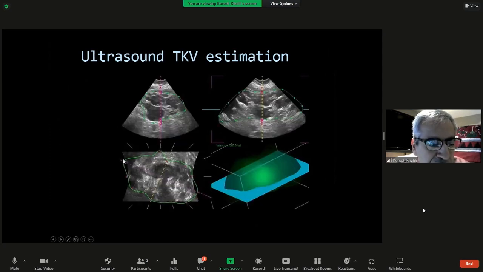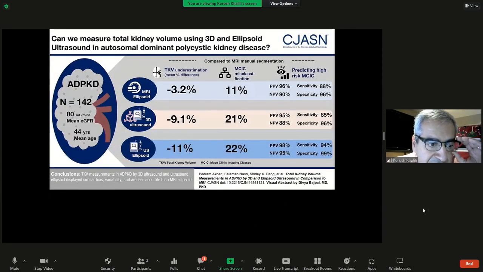So this is using volume estimation by 3D ultrasound. So again, here you can see that we've had measurements beyond the image, and so we're guesstimating exactly where that kidney ends using a 3D technique. And so we tend to also underestimate the kidney volume.